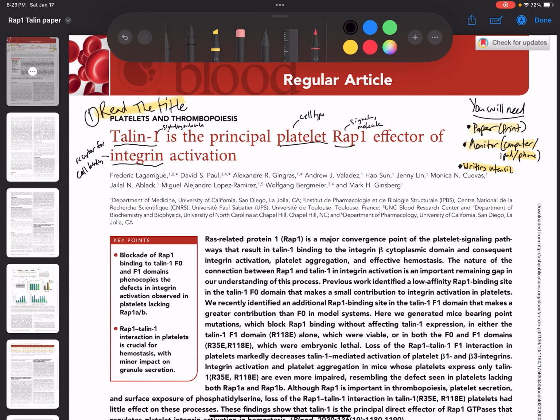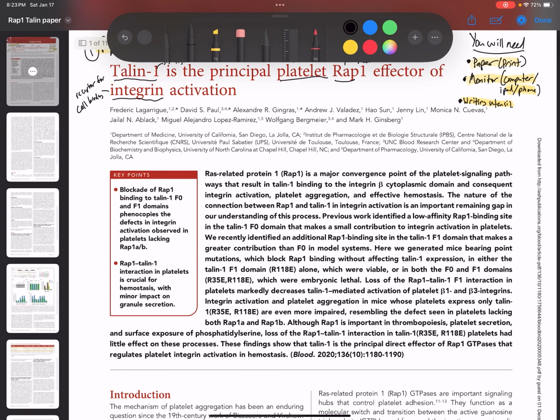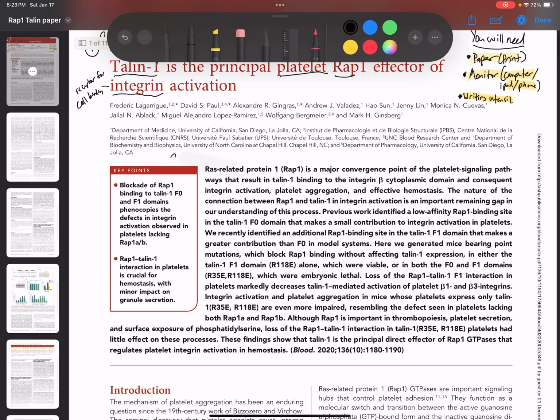All right, next thing we're going to do, always read the abstract. If the abstract is well written, you should be able to get the main points of the entire paper here. In fact, if you're in too much of a hurry and you're trying to find resources for your own paper, you don't actually go into the actual papers.